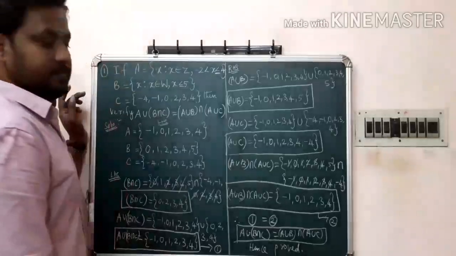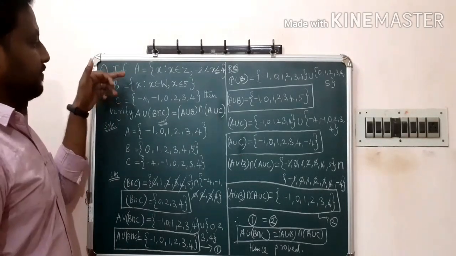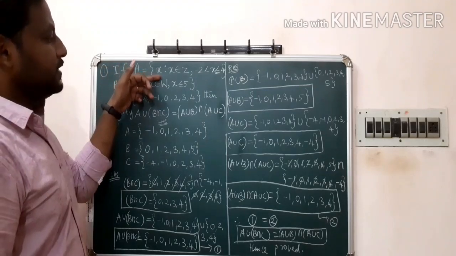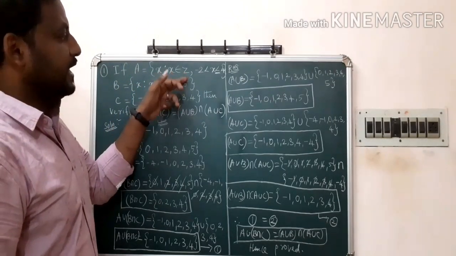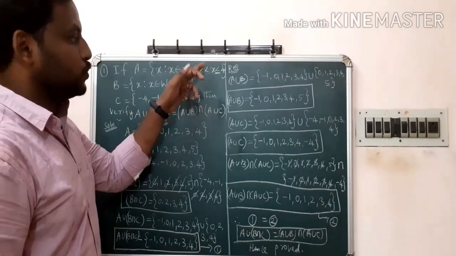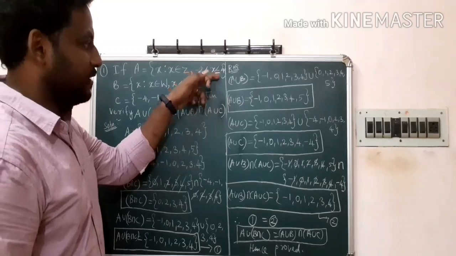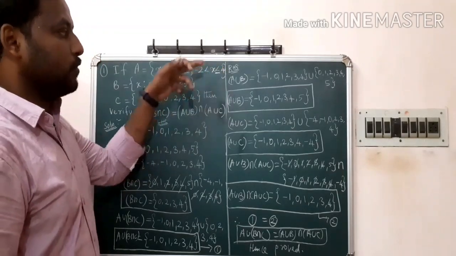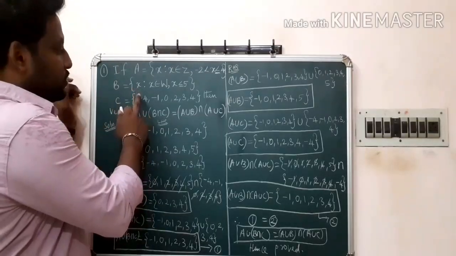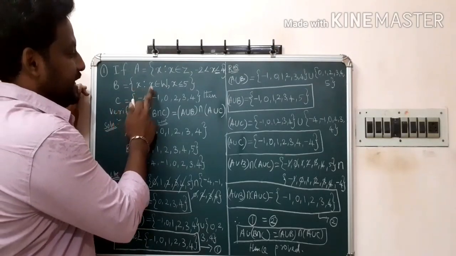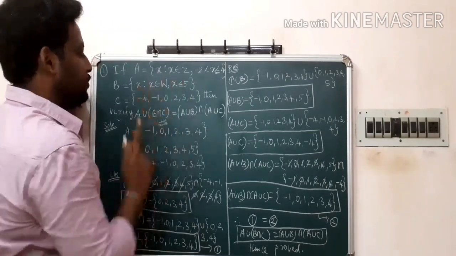Here, again I am explaining. If A is equal to the set of all x such that x belongs to Z, and x must be from minus 2 to 4. That is less than or equal to 4, so we have to include the number 4 also. And then set B is given, also in set builder form: x such that x belongs to the whole numbers, and the condition given is x less than or equal to 5.